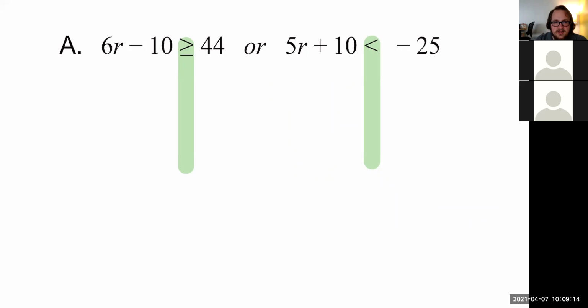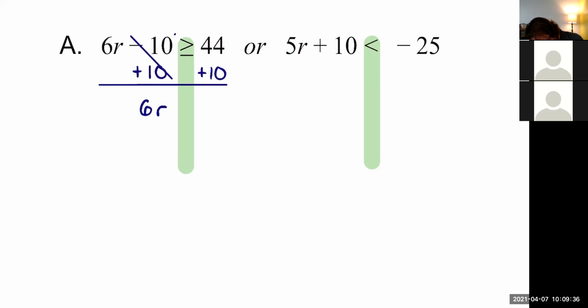So it looks like the R is on the left-hand side this time. What would you like to move? That 10. So it's a -10. I will use a +10 on both sides. 6R is going to drop down. Negative 10 plus 10 goes away.